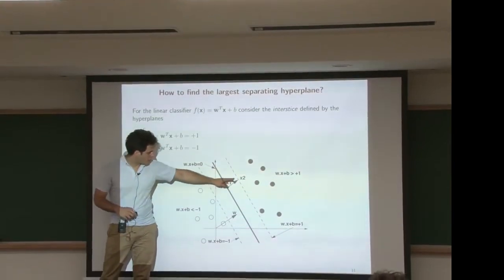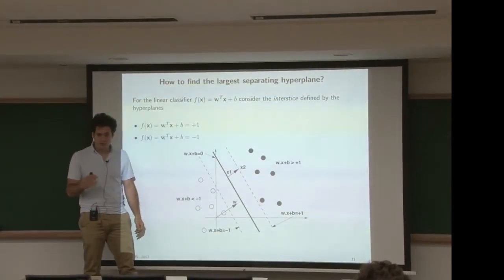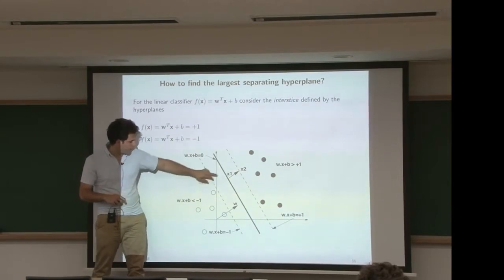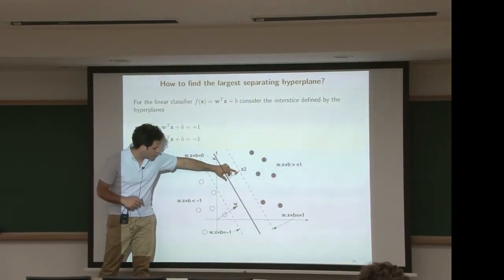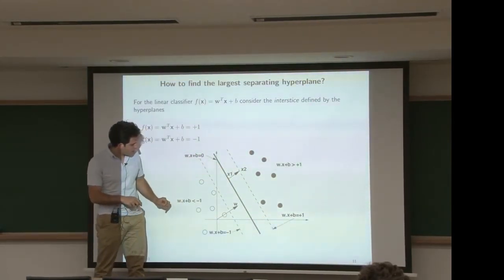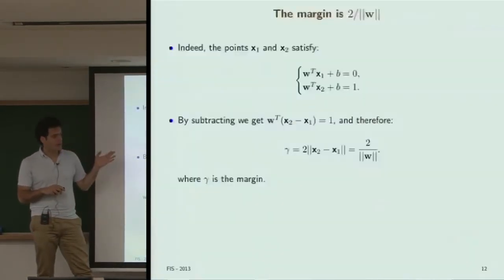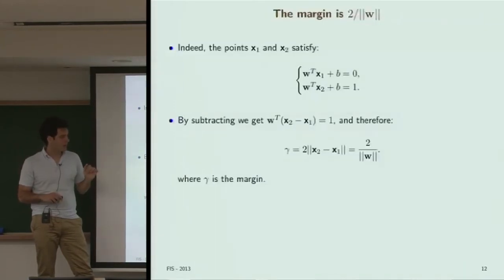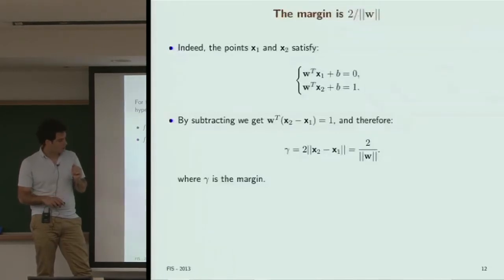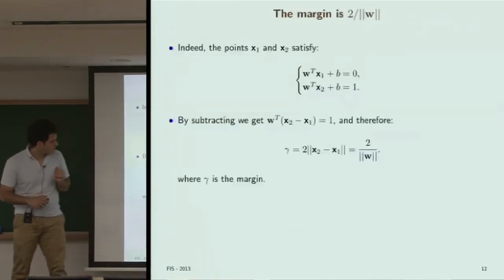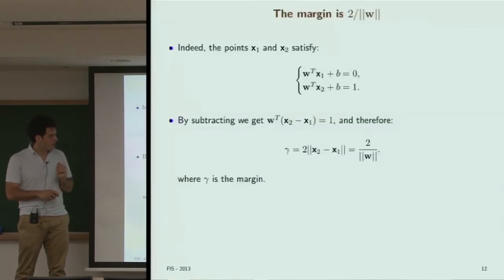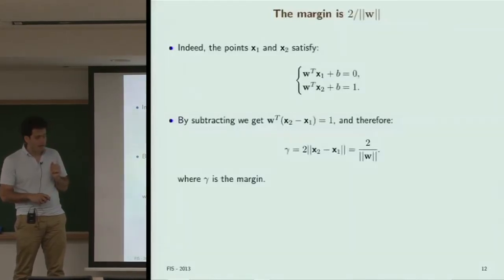Let's choose another point on either of the tube sides, and call it x2, and we want x2 minus x1 to be collinear with w. The first point belongs to the hyperplane, so w transpose x1 plus b equals 0. The second point belongs to one of the tube sides, so w transpose x2 plus b is equal to 1. We chose it on this side, so w transpose x2 plus b is equal to 1. If we subtract both, we simply get that w transpose (x2 minus x1) is equal to 1.